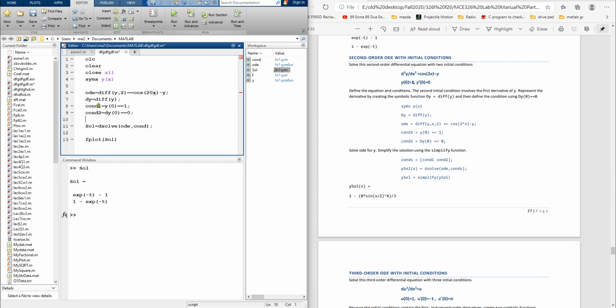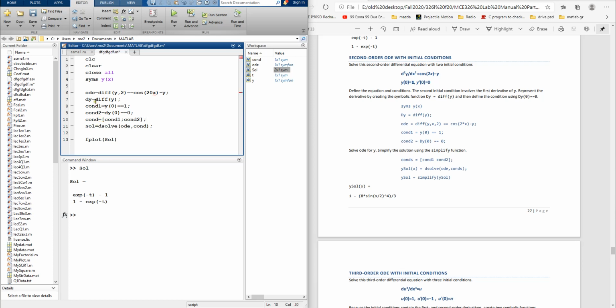Now we have condition number 1, condition number 2. I will use them as one vector. Say this vector cond equal to the first element, cond 1, then semicolon to go to the next row. So we have a column vector here, cond 2. Why? Because I have two conditions inside it, like this.